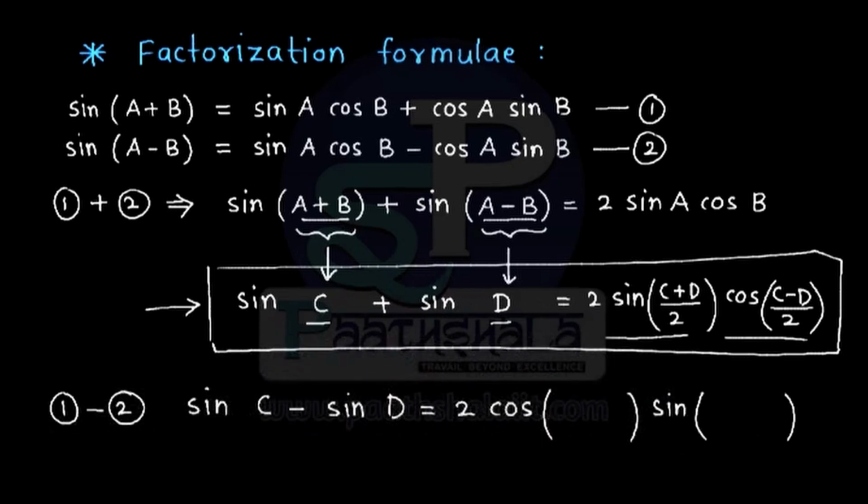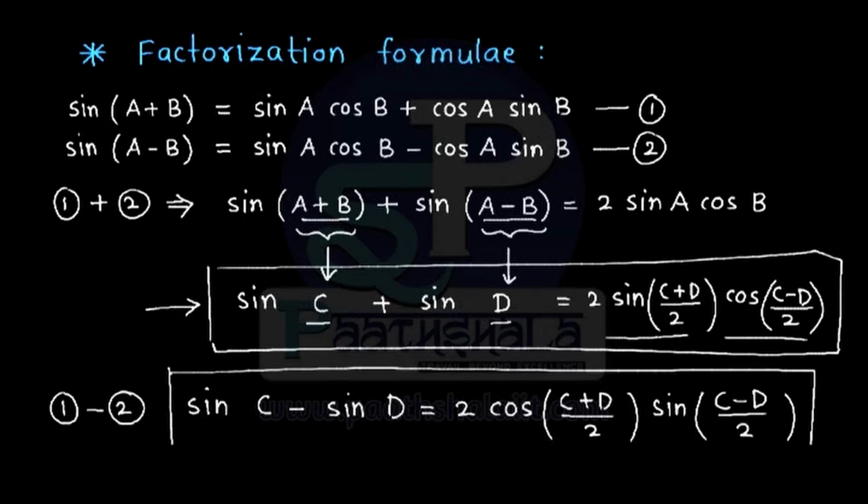That means we have 2 cos of c plus d upon 2 and sine of c minus d upon 2. So this is the second factorization formula. On similar lines we can also find the factorization formulae for cos c plus cos d, and cos c minus cos d.